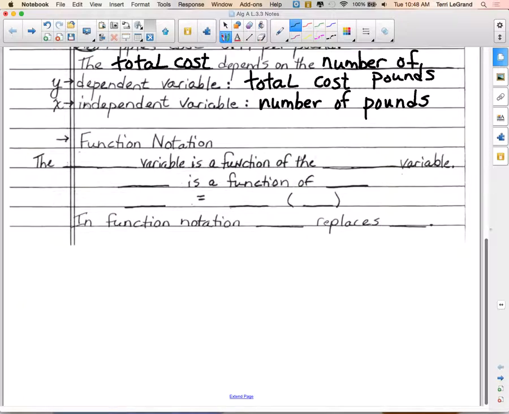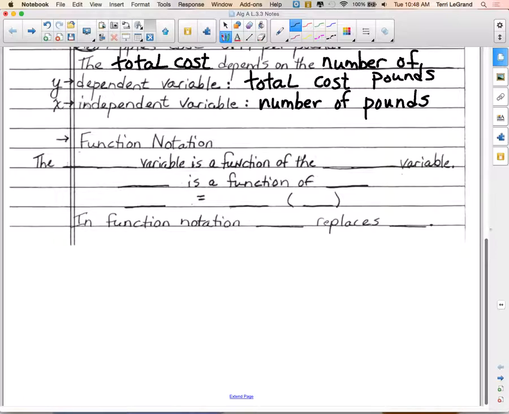Okay, then let's go down to that, our next arrow here, our learning goal of function notation. So we are going to fill in the blanks here. We're going to say what variable is a function of the other variable. So in other words, think of function as what depends upon something else. What's the result of? Because something else has got to be in control.